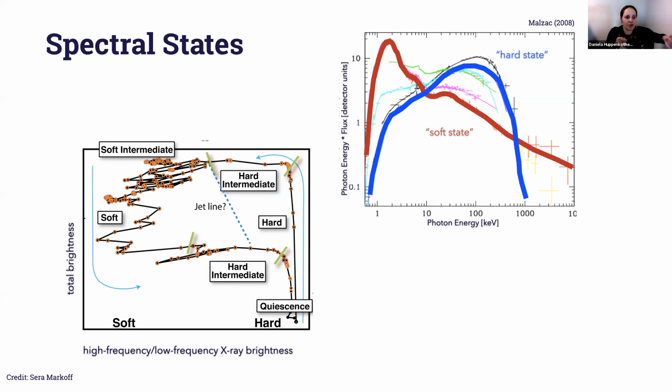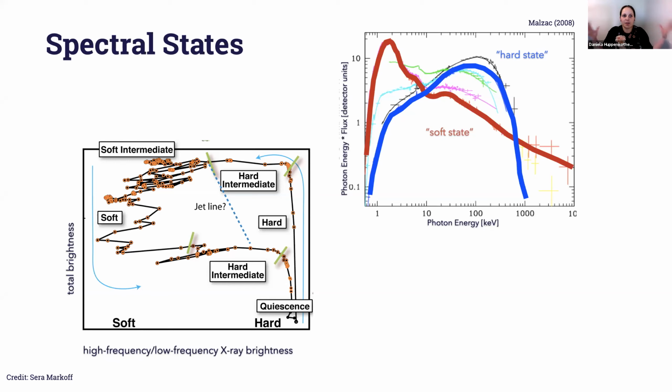And then it does a bunch of weird stuff over in this soft state where it moves about, and then it slowly moves back. And usually that happens over a course of weeks to months. There's a few sources that are particularly ornery who decide to stay in this cycle for years, but in general, this happens over weeks to months.